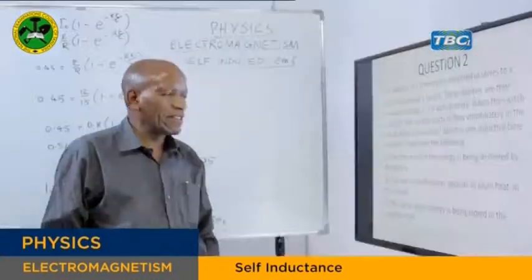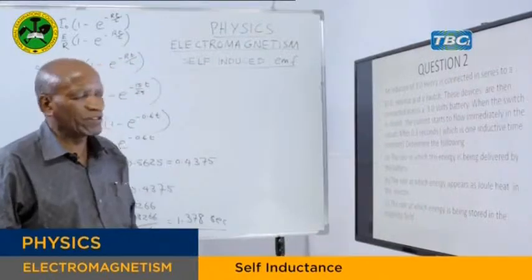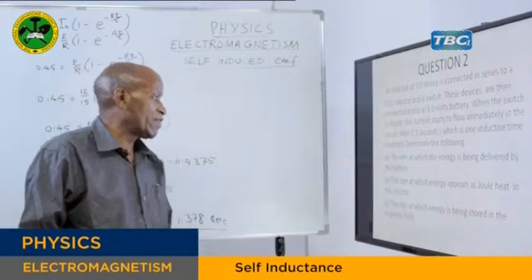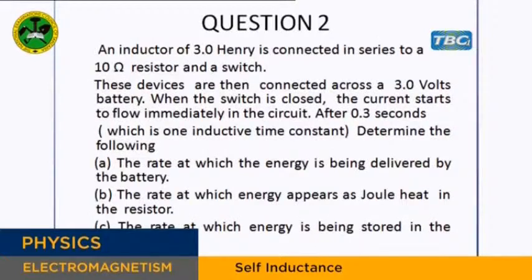Okay, students, let us now go to question number 2. The question says, an inductor of 3 Henry is connected in series to a 10 ohm resistor and a switch. These devices are then connected across a 3-volt battery. When the switch is closed, the current starts to flow immediately in the circuit.